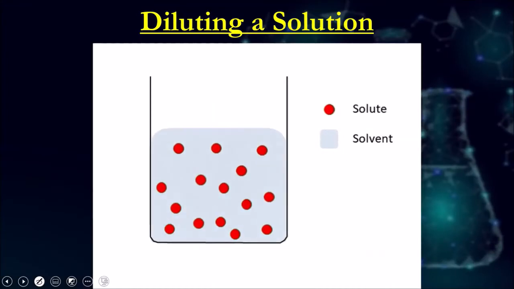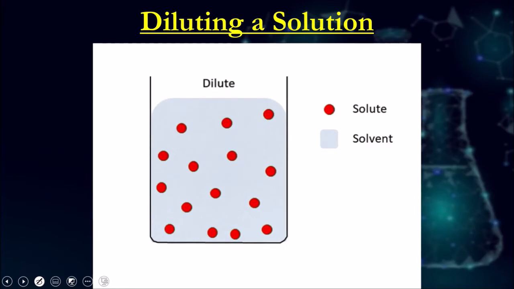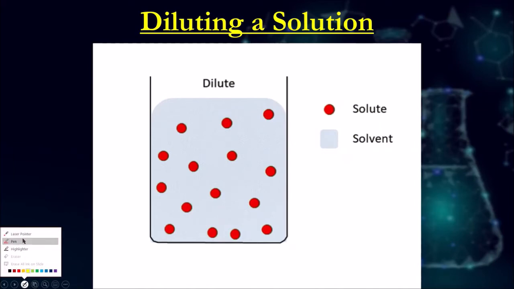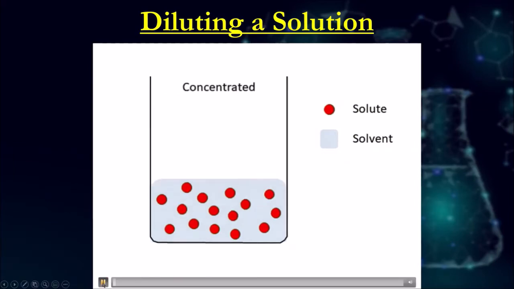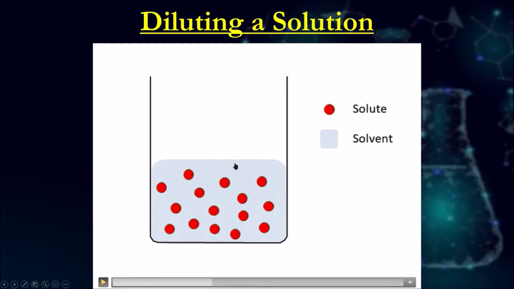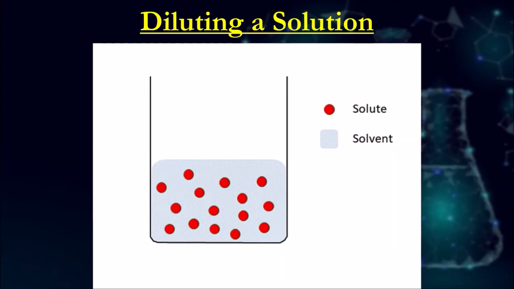This is just a little simulation depiction of what dilution is. So what is actually happening here? Okay, so we say something is concentrated if there is way more solute in comparison to solvent. If I slowly increase it, let's say now it's a 1-to-1 ratio between the solute and the solvent, it's no longer concentrated.